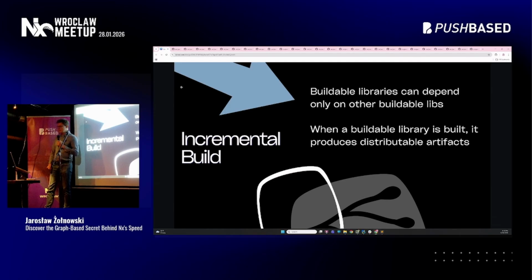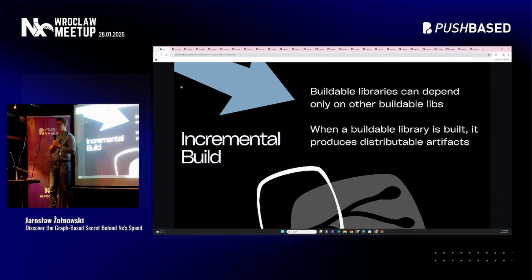When we are taking a look at the project graph, we can see that project A depends on project B. On the other hand, in the task graph, we are seeing that to build project A, first we need to build project B, which is natural, like you can't really eat a cake before you bake it, most probably.